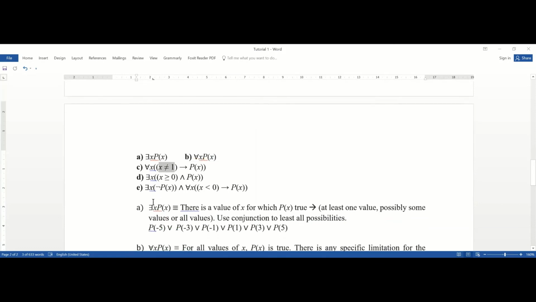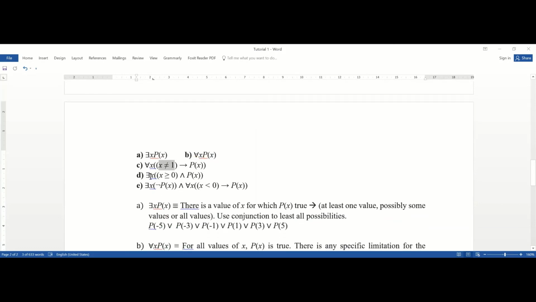Alright, let's take the next one. There exists a value x such that x should be greater than or equal to 0, and at the same time it applies to P(x). That means P(x) should be true only if x is greater than or equal to 0. Why do I say only?